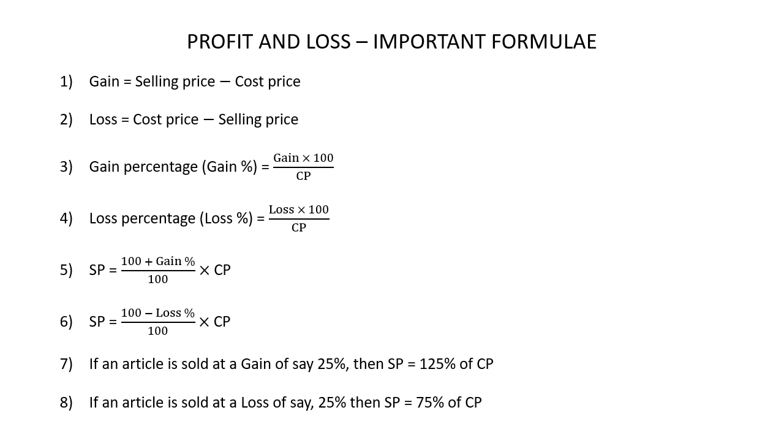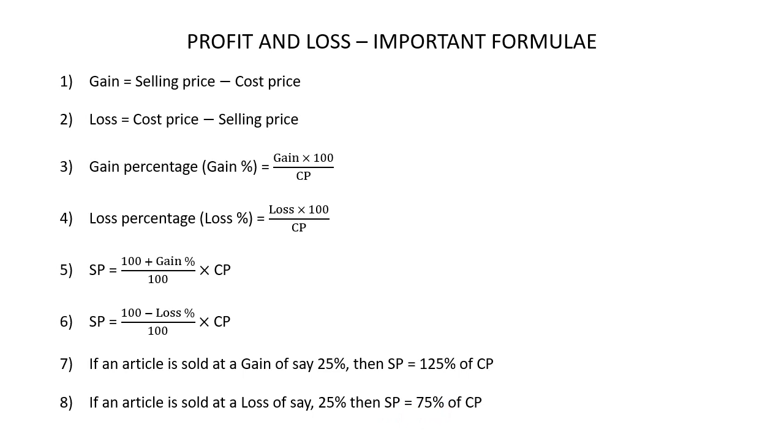Substitute 25% here for loss percent. Then 100 minus 25 is 75. 75 divided by 100 is nothing but 75%. So 75% of cost price. Selling price is 75% of cost price.